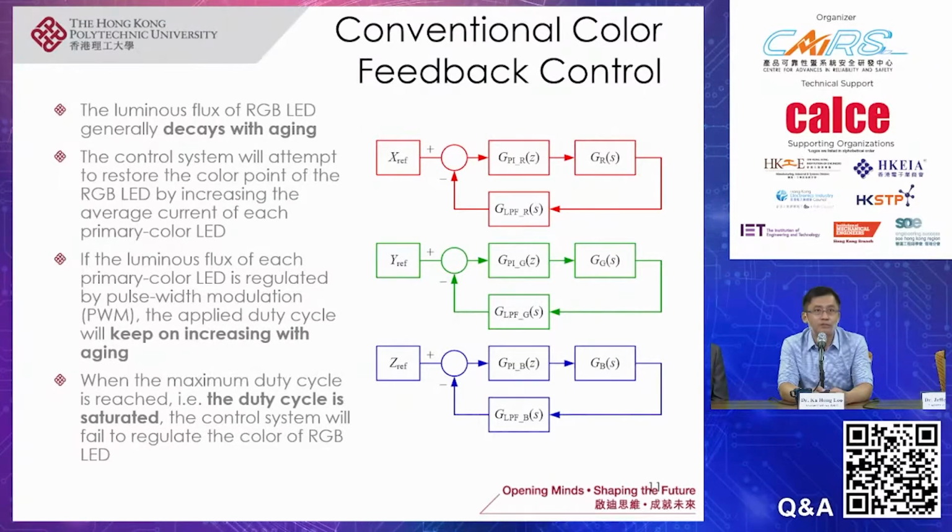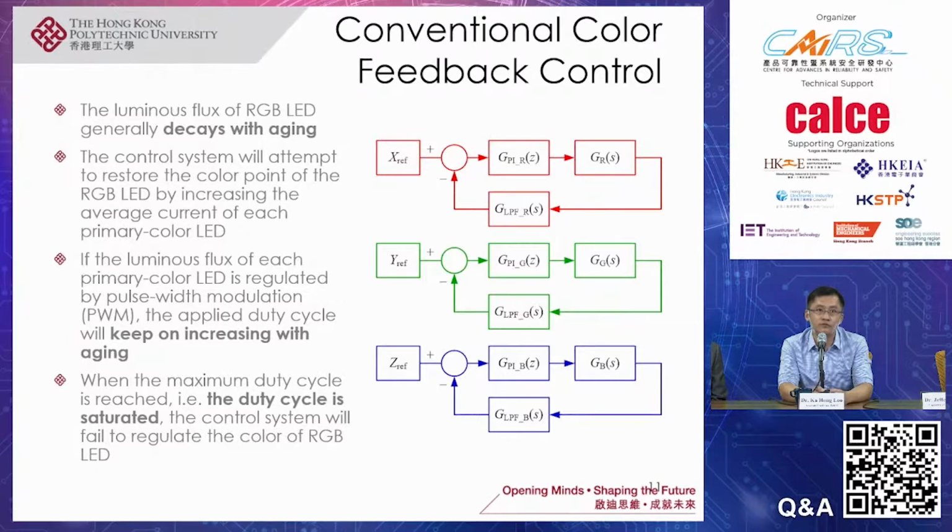But there's a problem with this approach. The luminous flux of RGB LEDs typically decays with aging, so they become dimmer and dimmer. In order to maintain the original intensity, more power will need to be delivered to the LED.